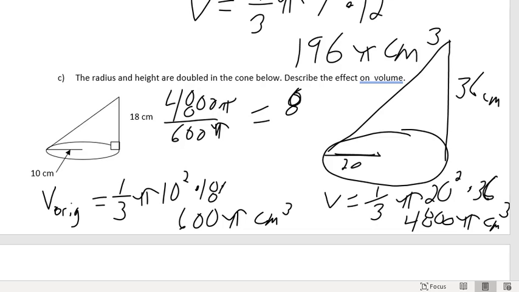So doubling our radius and our height actually made our volume 8 times as large. And that's because it ends up giving it a cubic factor. So it made it 2 times, 2 times, 2 times. So the radius and height doubling makes a much larger impact on the volume.